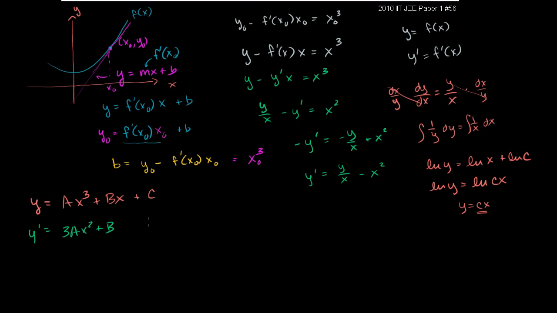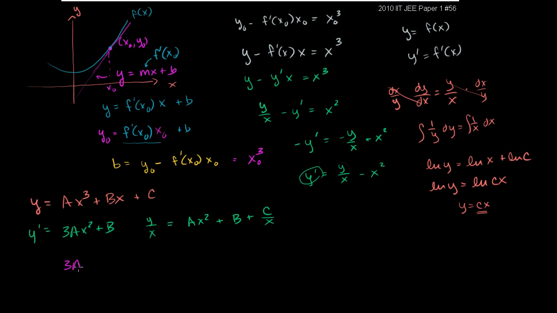And now what would y over x be? Y over x would be equal to, notice I'm just saying y prime is this, ax squared plus b plus c over x. And so this differential equation here would reduce to, and we just suspect that this might be a solution, this y prime is the same thing as this.